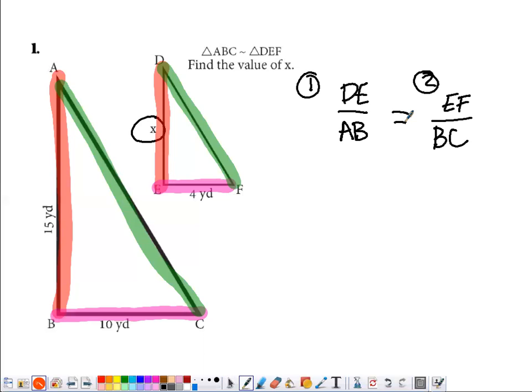So we're going to do just X. We're going to do just P. On the other side, do that.